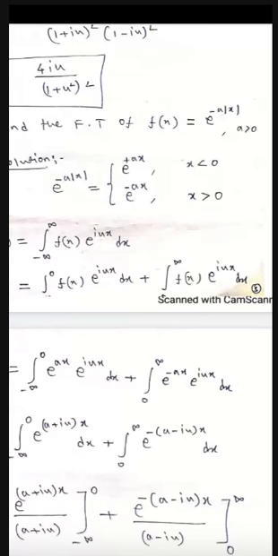If mod of x comes, always think x positive sometimes, x negative sometimes. When x is negative, e power minus a mod of x, I can write as e power plus ax, because x is negative, minus into minus is plus. If x is positive, minus remains the same, and you get e power minus ax.